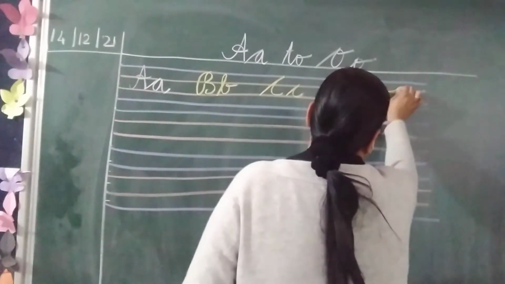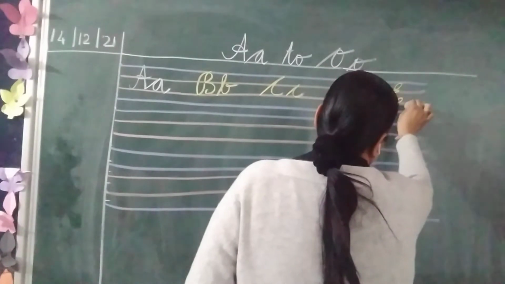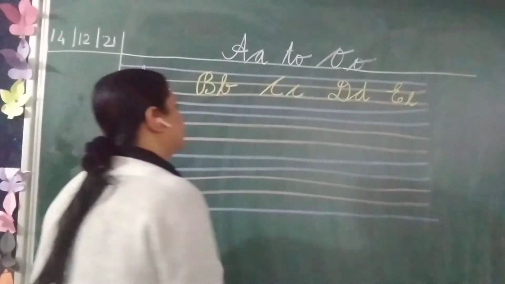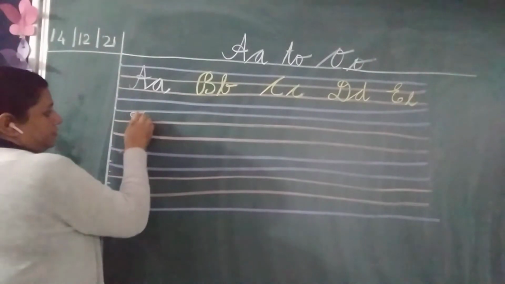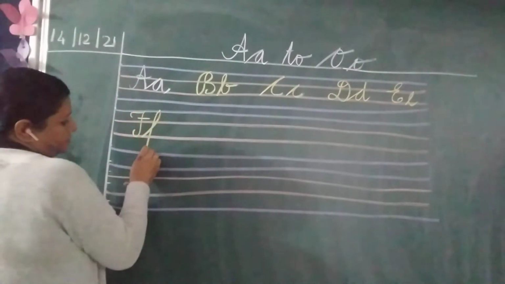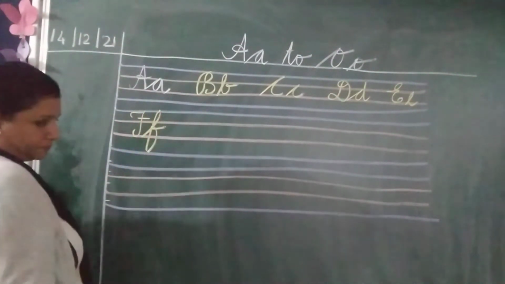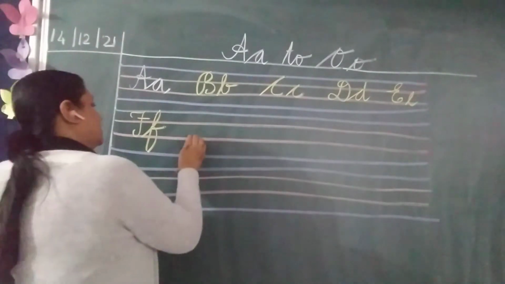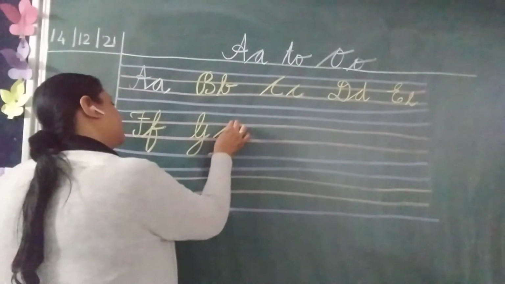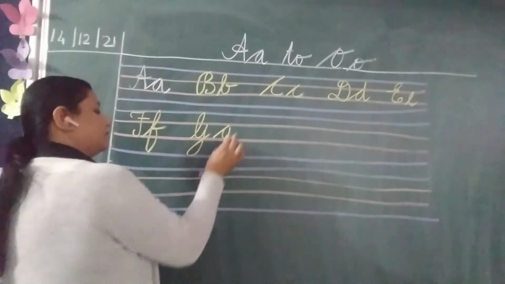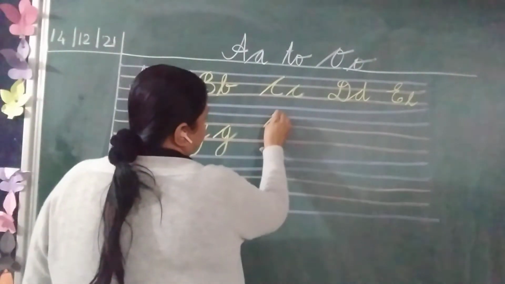E says N. F says for. G says go. H says her.